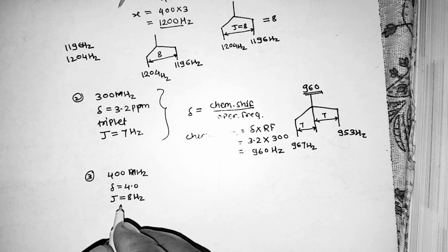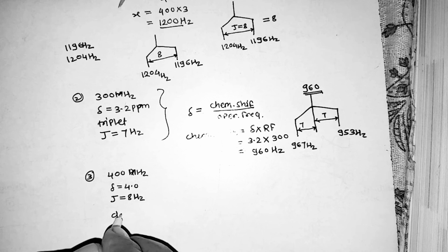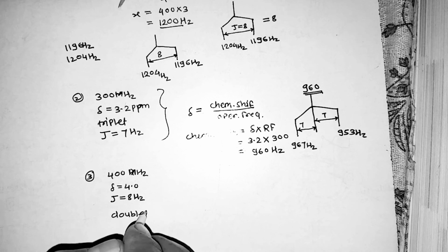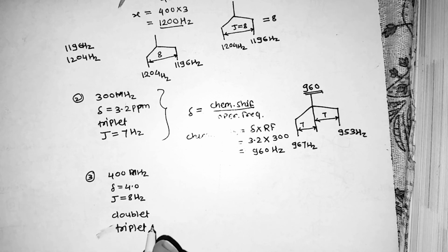It means that there are two types of splitting. One signal is a doublet and the second signal is a triplet. Then find the position of each line.